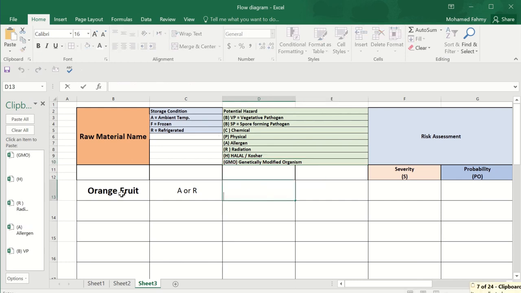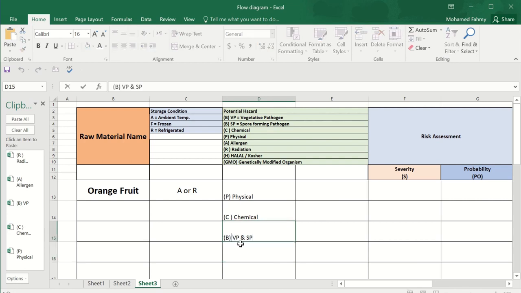We'll mention here number 1 physical, number 2 chemical, number 3 biological, which is vegetative pathogen and spore forming.